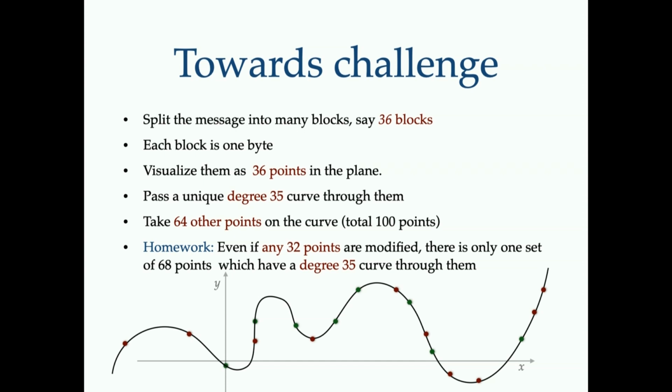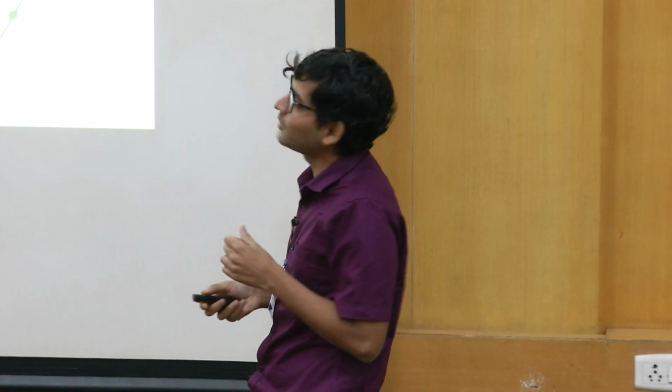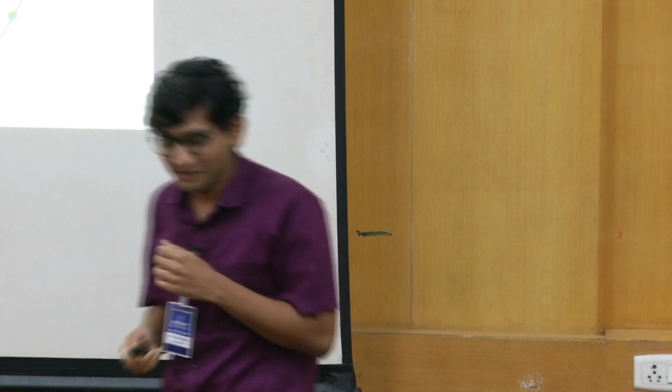It's just like the other statement I made. I had 6 points, you modify 2 of them, then there was a unique set of 4 points which were collinear. That's the same statement, just the numbers are larger. So the same kind of proof, maybe not exactly, but you can try.